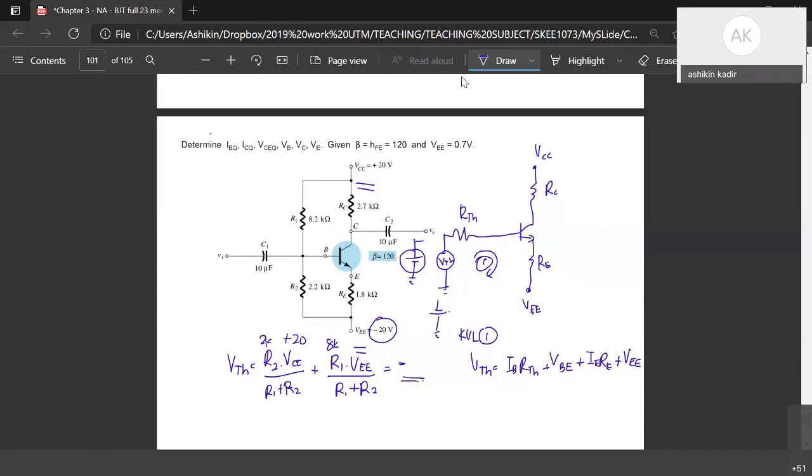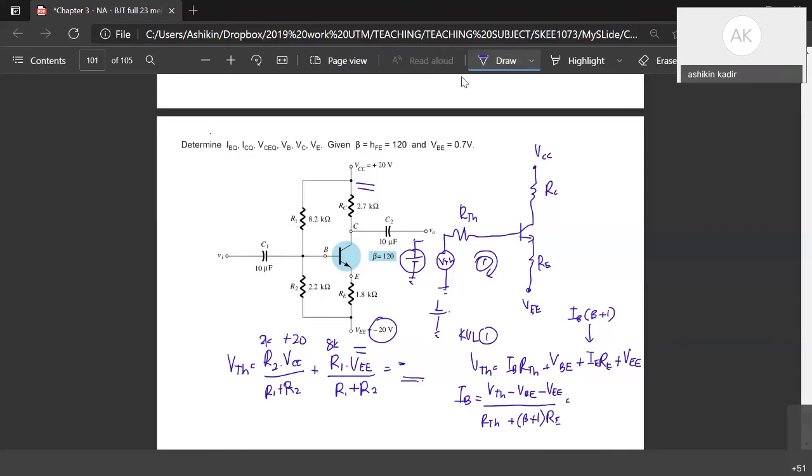So here, if I want to find the IB, IE equals to IB times beta plus 1. So your IB will be equals to VTH minus VBE minus VEE divided with RTH plus beta plus 1 RE.